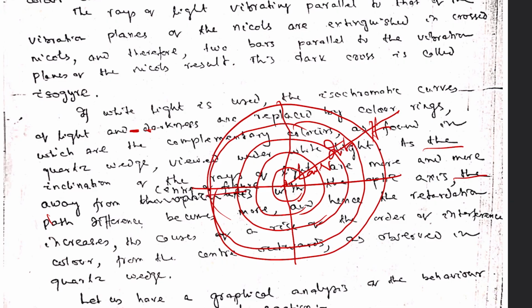So this is the figure which has a dark cross and a dark center indicating the position of the optic axis. And as we move away from this dark line, a dark line parallel to the polar directions, this dark line gradually fades in its color depending upon the inclination of these rays.